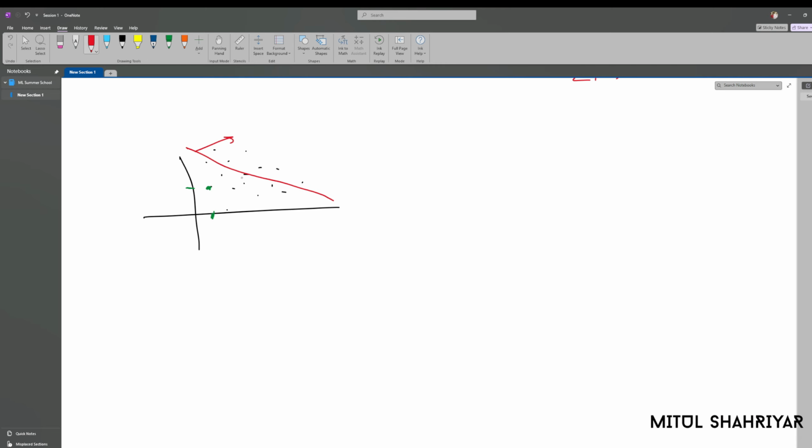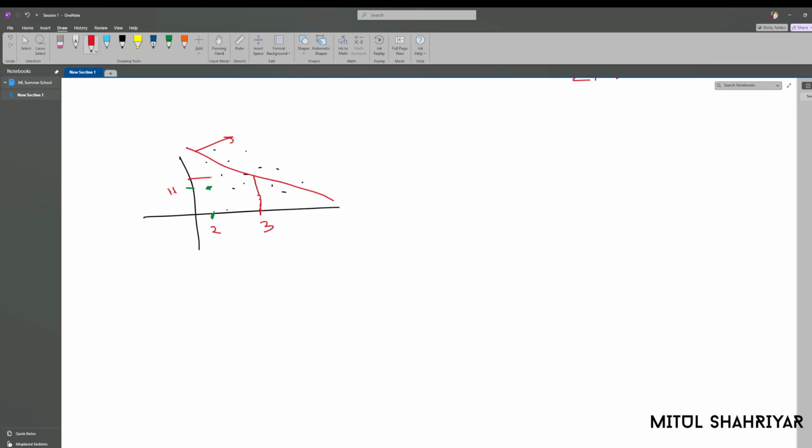Using this line, if now someone comes up and says, maybe this was for 2 doses, 1.1 was the forgetfulness, for example, and now I want to give a patient 3 doses, what will be the forgetfulness score? I will easily get it from this line.